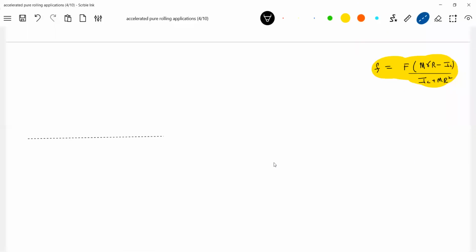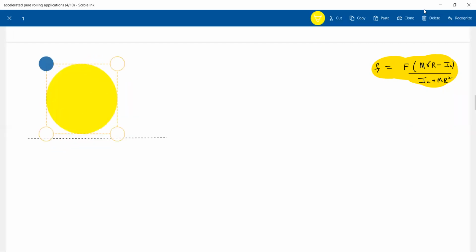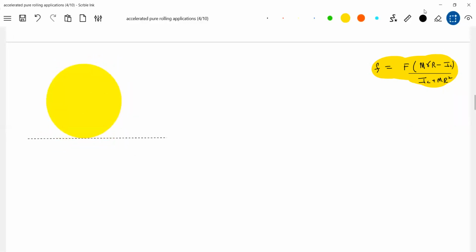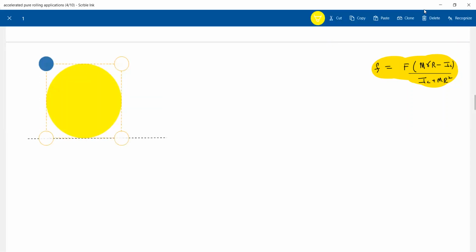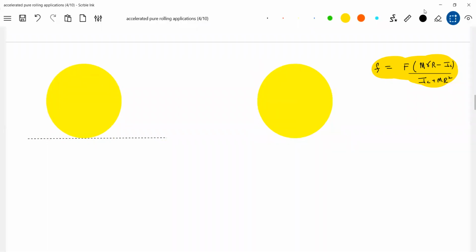So I'm starting this for a disc of mass m. Let's come one by one. Where is the force? First, let me apply the force here. This is R, this is a point P.